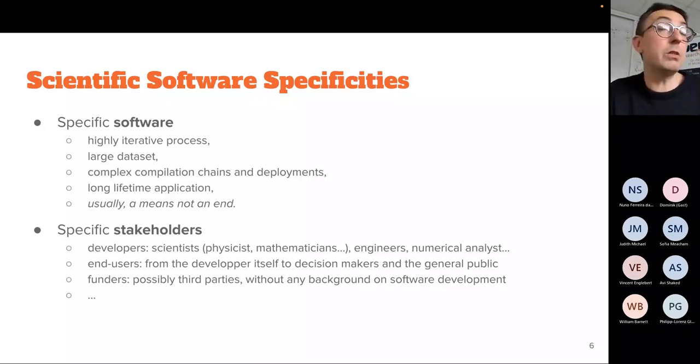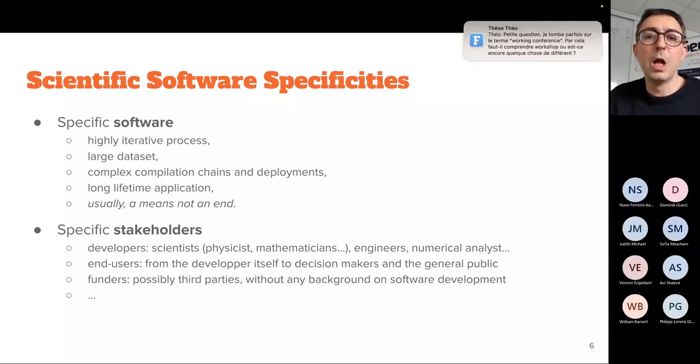It can be the decision makers that use those models and the resulting scientific software for doing some prediction, or it can be also the general public that use it for increasing, for example, the education on a specific set of questions. And last but not least, again, the funders of the development of this scientific software, which are most of the time third parties, such as institutional or governmental institutions.